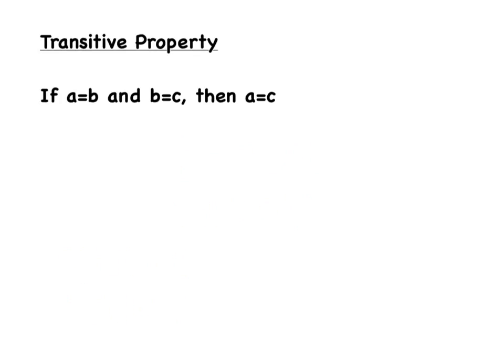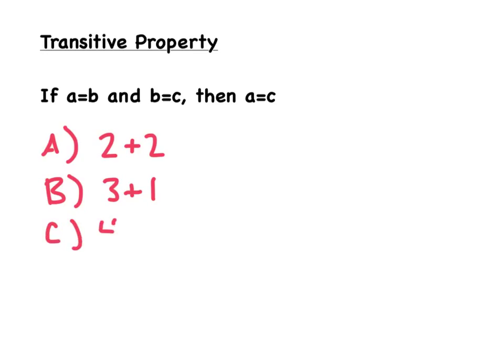So the transitive property is kind of like the symmetric property, except there are 3 expressions instead of 2 expressions. The transitive property basically states if A equals B and B equals C, then A equals C. So for example, let's say that A is equal to 2 plus 2, and B is equal to 3 plus 1, and C is equal to 4.